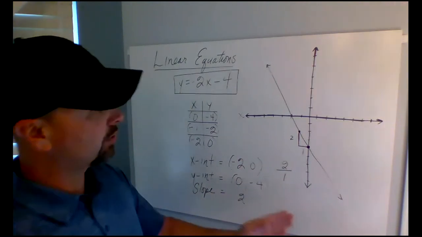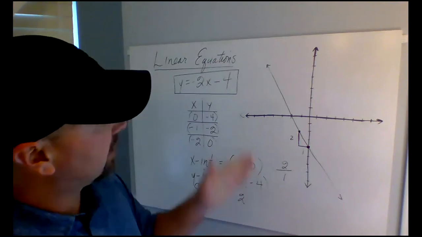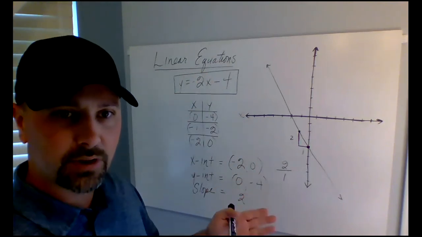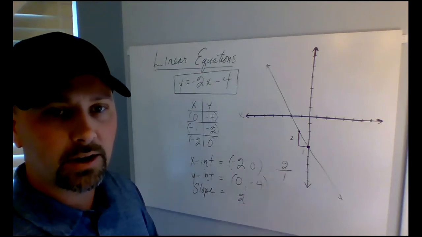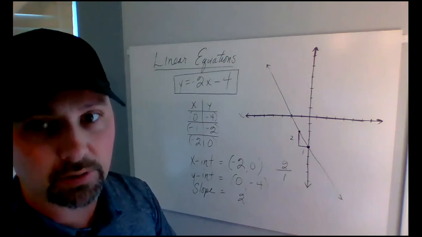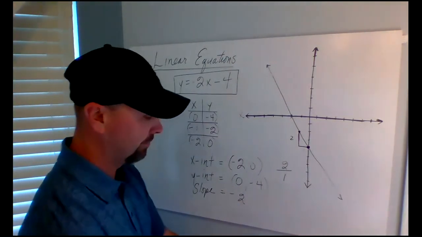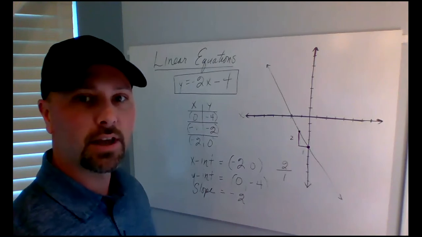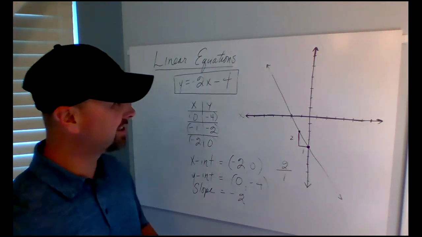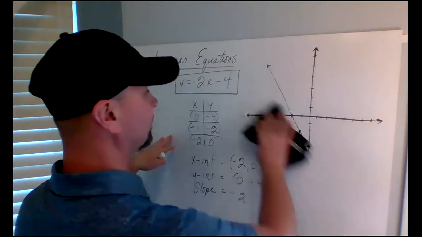So the slope is 2, and now we need to look at the direction of that line. Would you say this is an increasing line or a decreasing line? Is it a positive slope or a negative slope? What you may notice is this is dropping from left to right. It's dropping, and so that's actually a negative slope. Slope is -2.